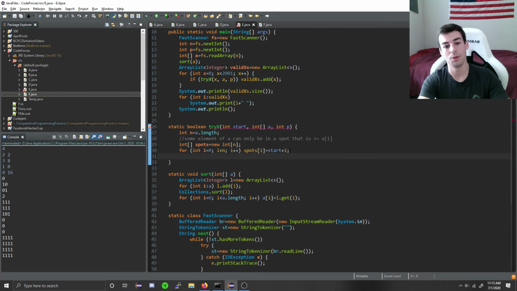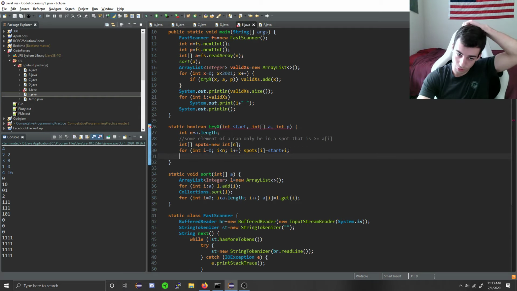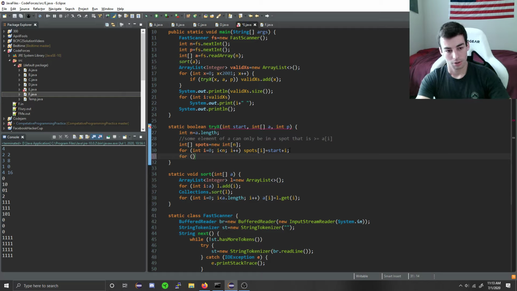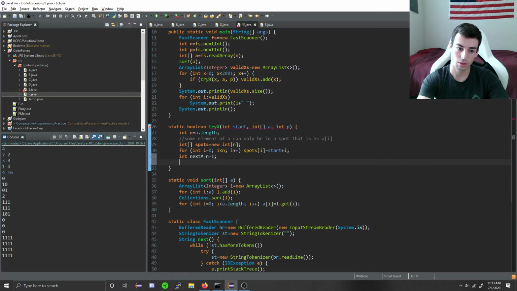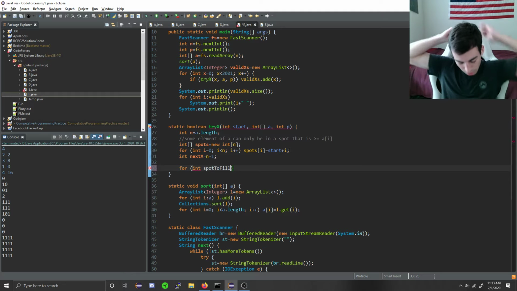Right, now int, well, all these are unique, so this is easy. So now we can just do this. So we can do for int, and we need like an int next a equals n minus 1. How do we do this?